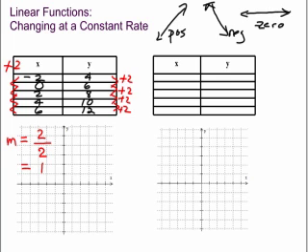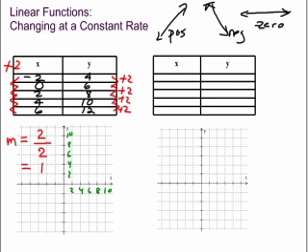Now, if we were to plot these points, I'm going to use a scale of 2. So 2, 4, 6, 8, 10 is my x scale, and then 2, 4, 6, 8, 10 also on my y-axis. If we were to plot these points, we're going to see that they'll line up on a perfectly straight line because of this constant rate of change.